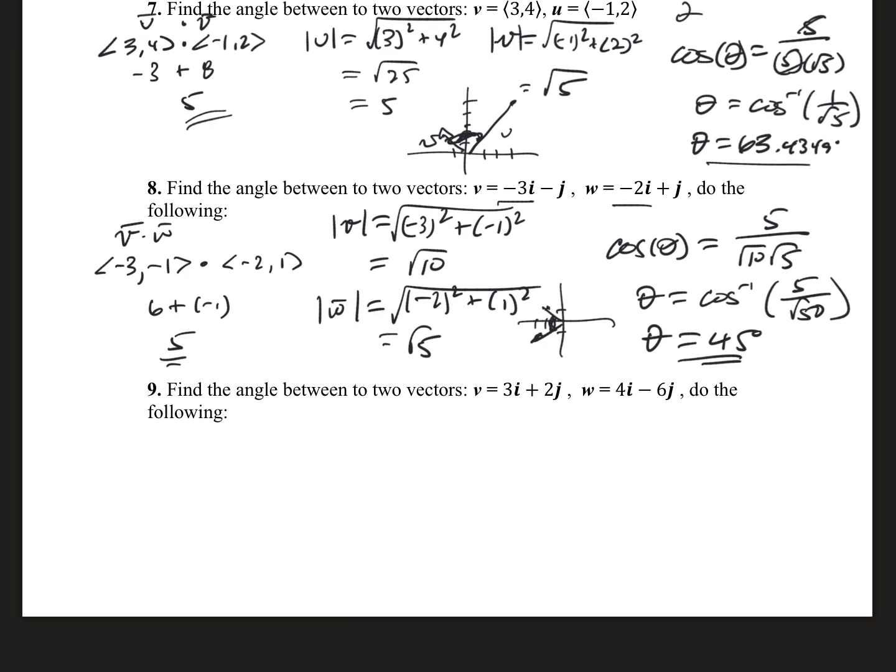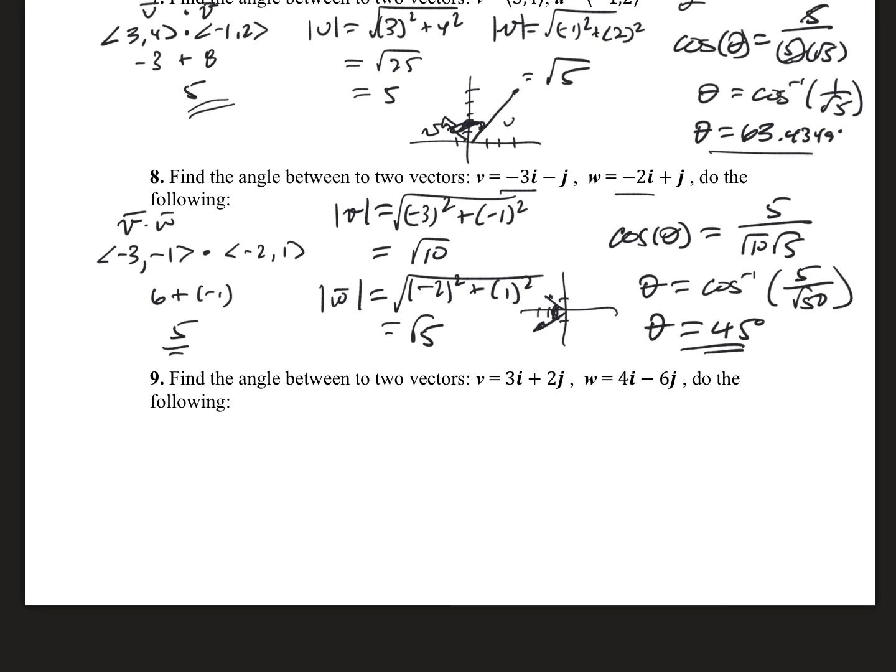And then last but not least, for my next two vectors, just following the MO, we have to find their dot product. In this case, we have 3 and 2 and 4 and -6. And so we get 24 plus -12, and what we get there is 12.